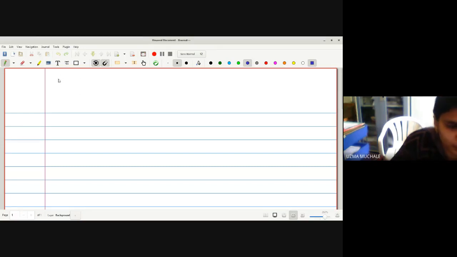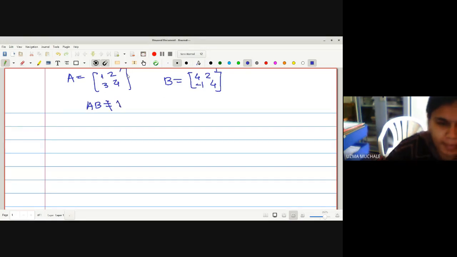In general, suppose I have any matrix, say A, and suppose I have another matrix, say B. If I want to find the product of these two matrices, A into B, will it be equal to B into A?